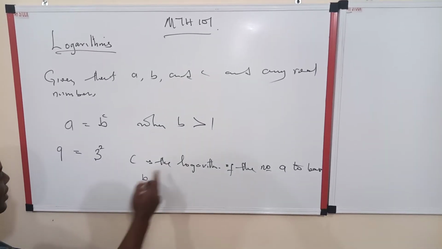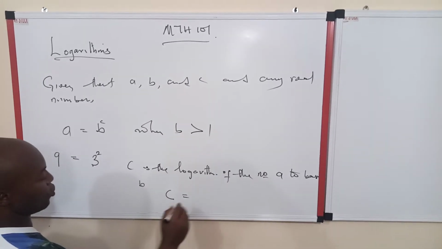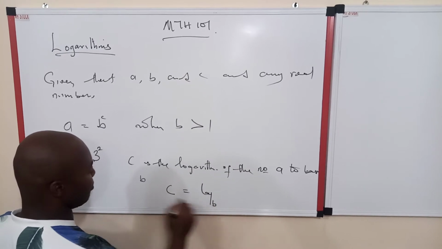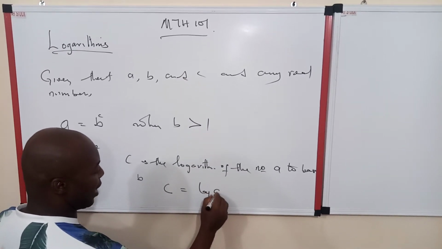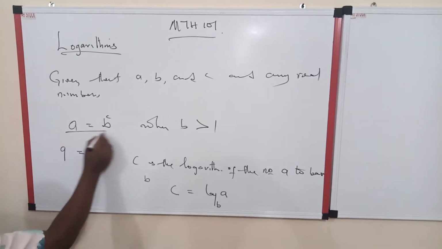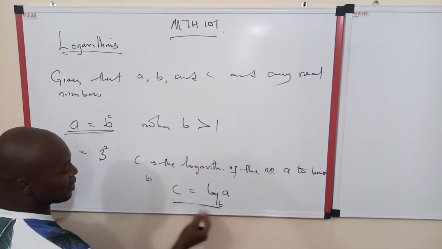We can write this statement as C is equal to the logarithm base B of the number A.